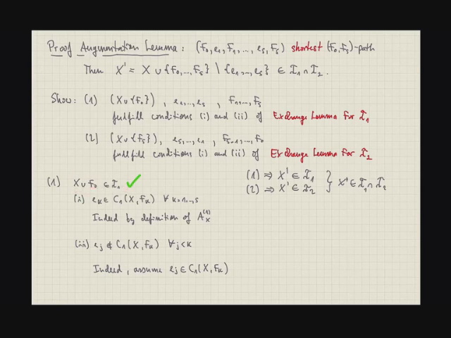Next condition: the first condition was that whenever I add this element Fk, that potentially creates a circuit, then I have this element Ek, which destroys this circuit. So Ek is an element that is part of the circuit generated by this element Fk. Is that actually true?